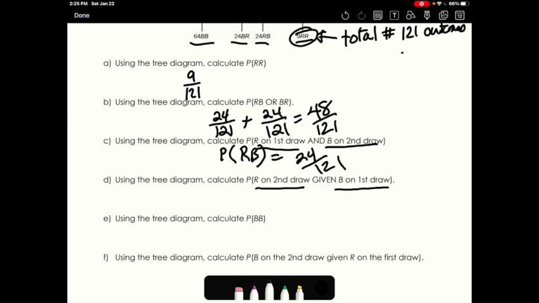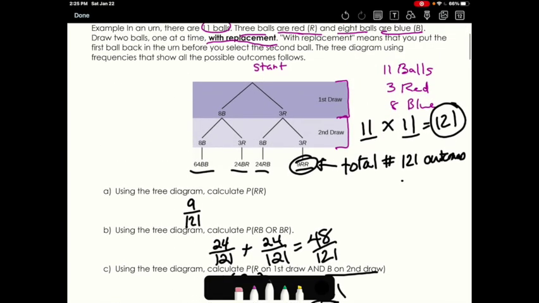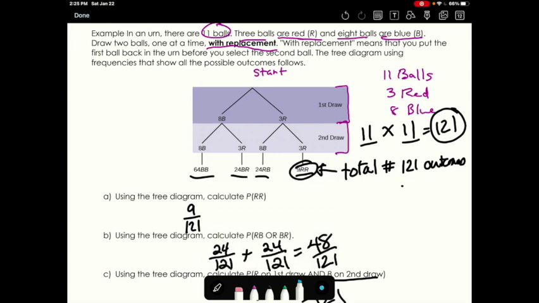For part D, it says you want a red on the second draw and a B on the first draw. But this is using the conditional, given that you get a blue on the first draw. So we're looking at just the subgroup if you get a blue on the first draw. Coming up here, the subgroup of getting a blue on the first draw is right here.